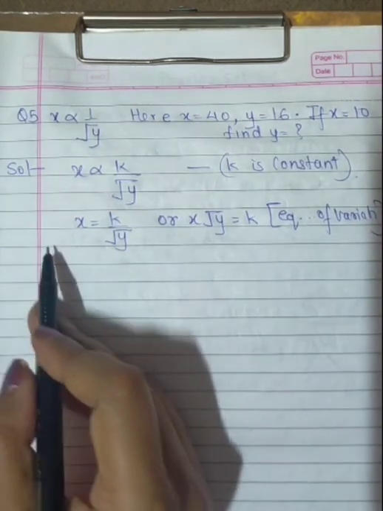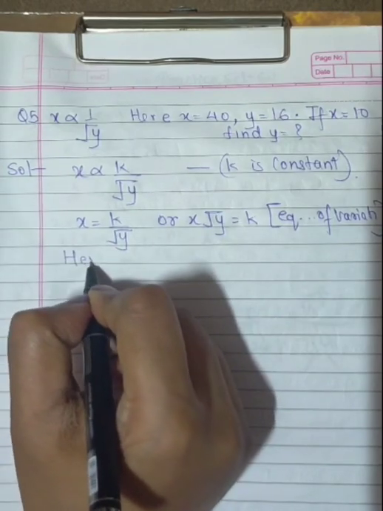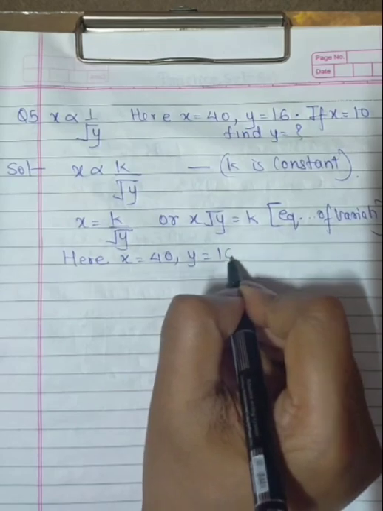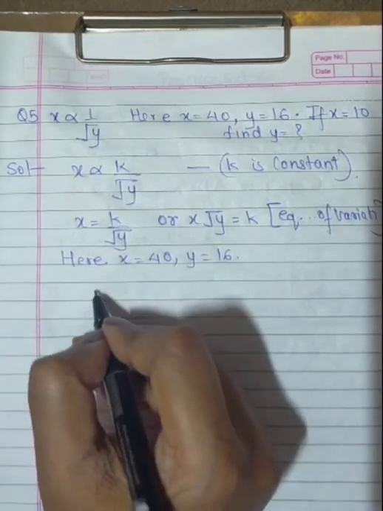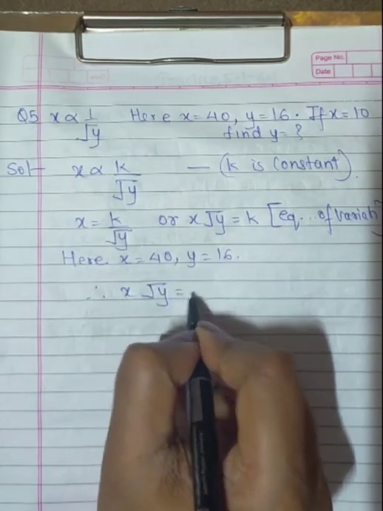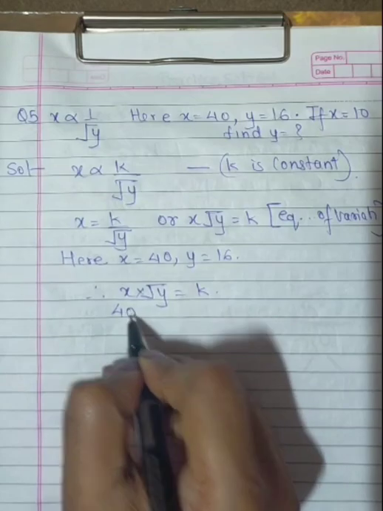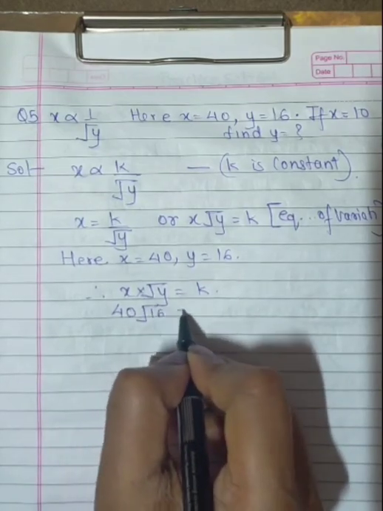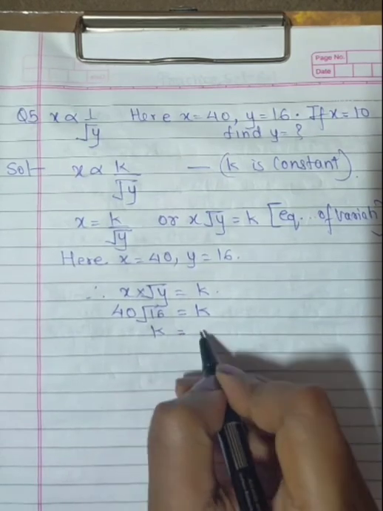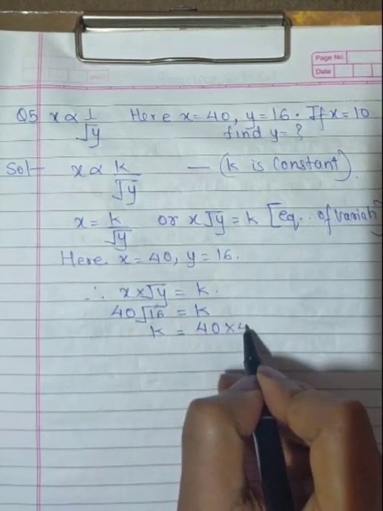Now next, what is given? Here x is 40 and y is 16. Therefore x√y = k, so 40 × √16 = k. So k = 40 × 4, since the square root of 16 is 4.